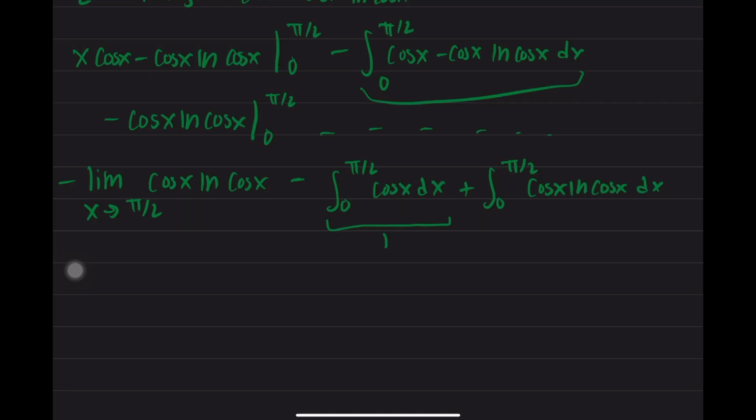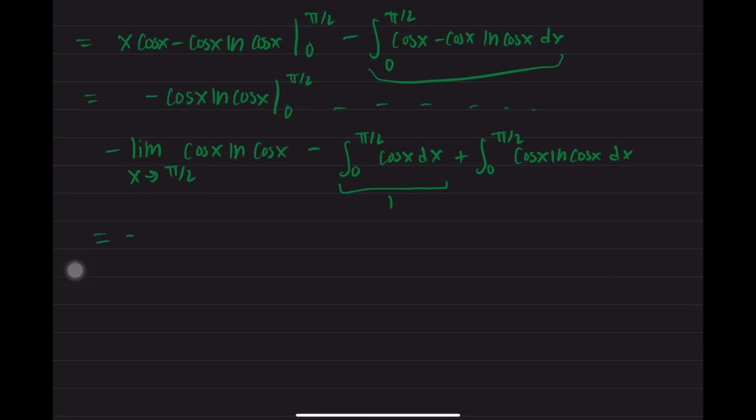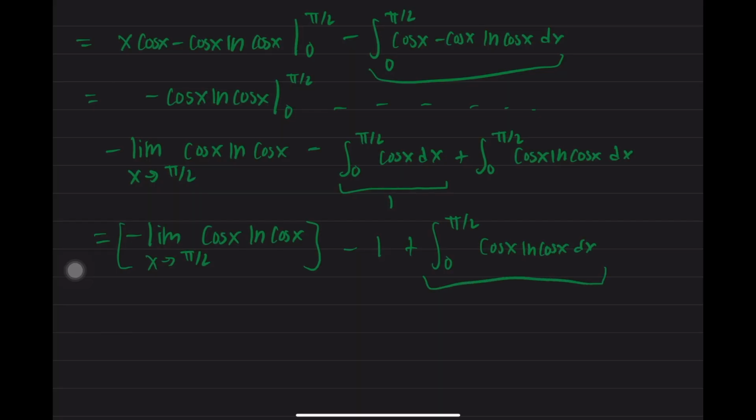That's just going to give us 1. So we are actually going to have negative the limit as x approaches pi over 2 of cosine of x ln cosine of x, this whole thing, minus 1 plus the integral from 0 to pi over 2 of cosine of x ln cosine of x dx. So now let's look at this integral.